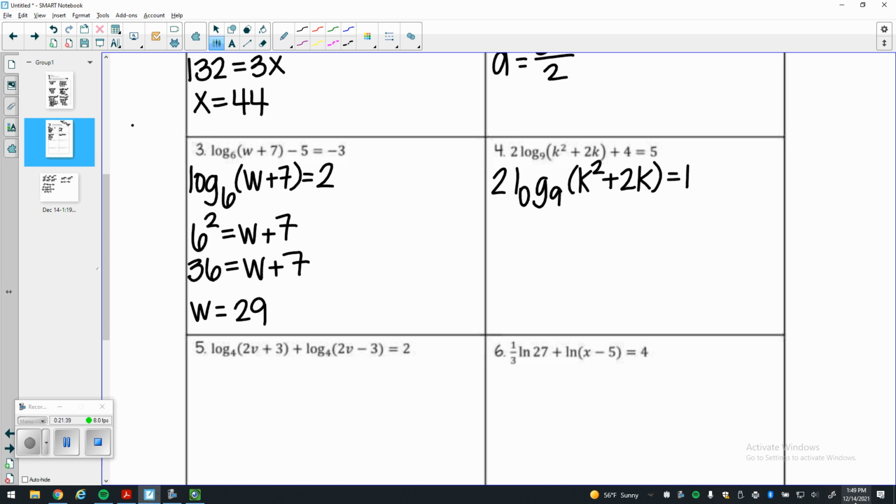You have to divide by 2. So this is the log base 9 of k squared plus 2k equals 1/2.